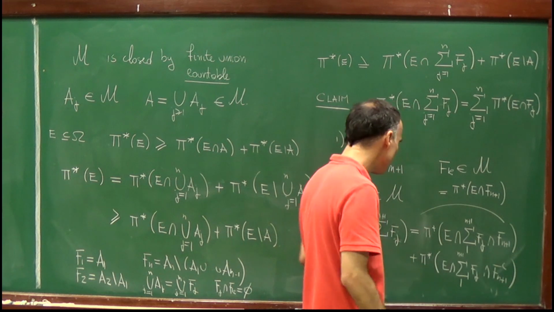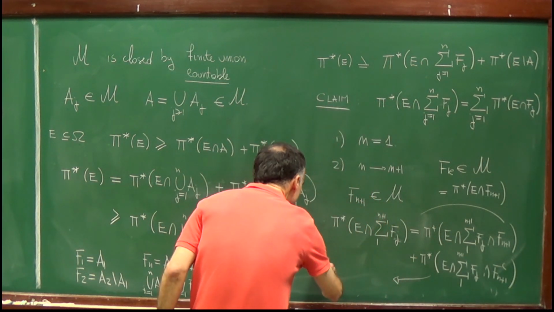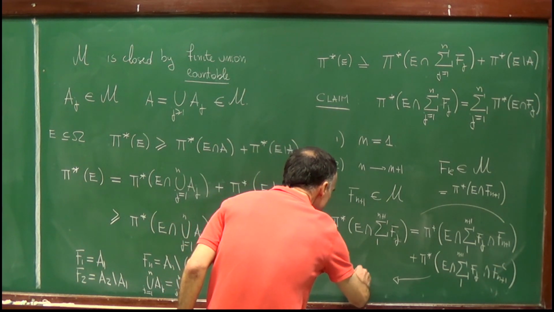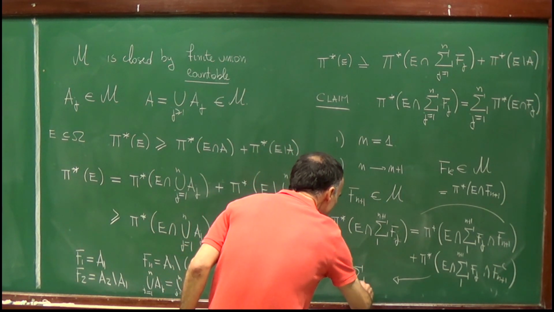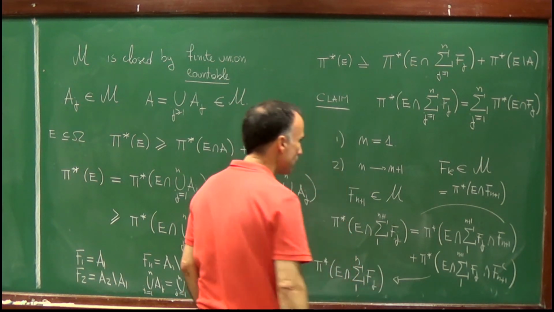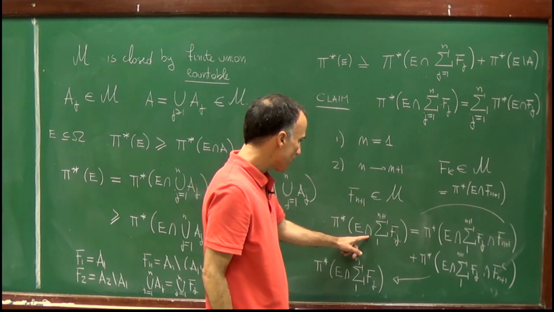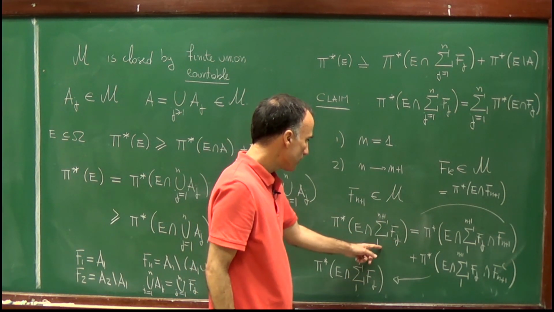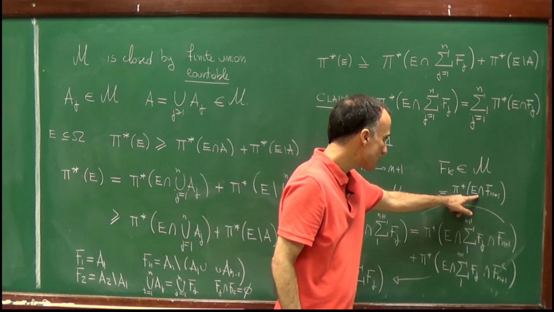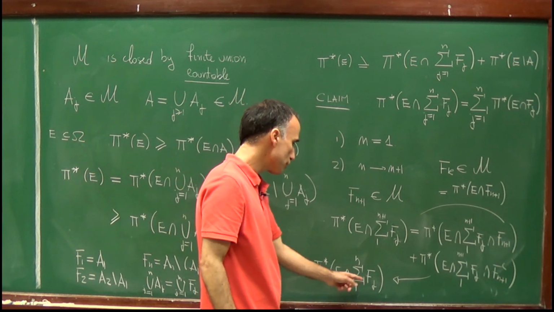So this expression is equal to P star of E intersection the sum, but now from 1 to n of Fj. So we just proved that P star of E intersection the union from 1 to n plus 1 of Fj is the last term plus the P star of the first n terms.